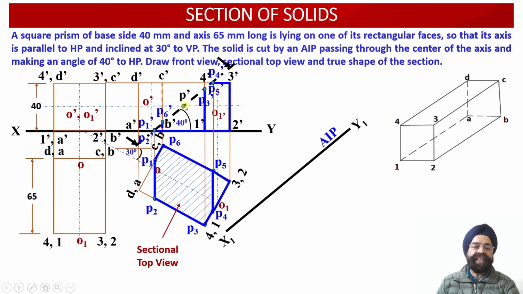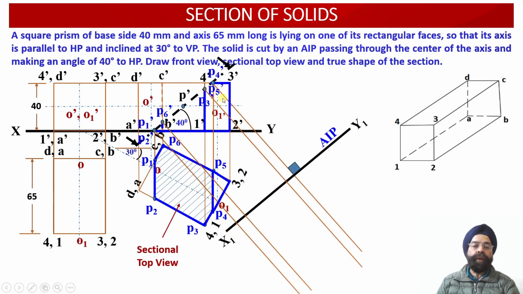Now, through these 6 points available over here, projector lines we have drawn perpendicular to this auxiliary inclined plane. Whatever auxiliary plan projections we obtain over here, corresponding to the 6 points of intersection whose edge view was available in the front view projection and whose apparent shape projections were available in the top view projections, here in the auxiliary plan projections corresponding to these 6 points of intersection we will be able to obtain the true shape of the cut section.